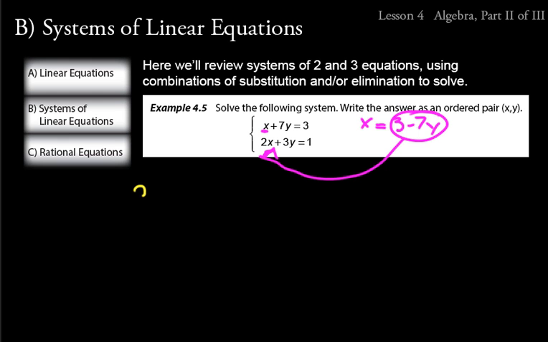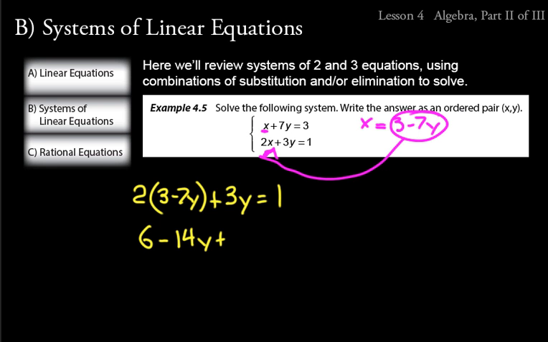We'd have 2 parentheses 3 minus 7y plus 3y is equal to 1. Expand out. 6 minus 7 times 2 is 14y plus 3y is equal to 1. 6 minus 11y is equal to 1.